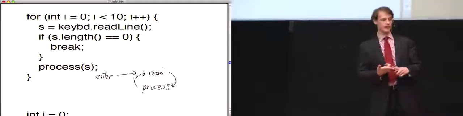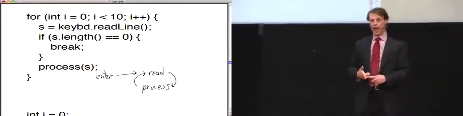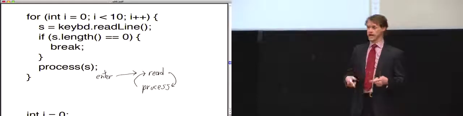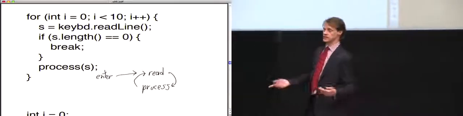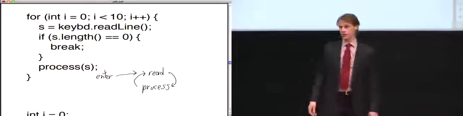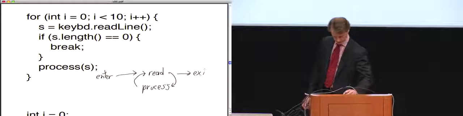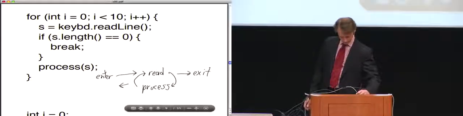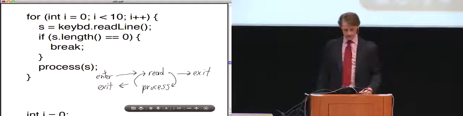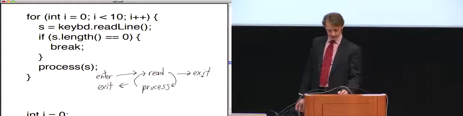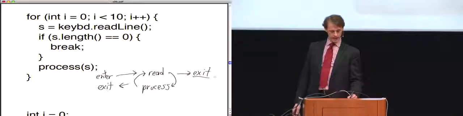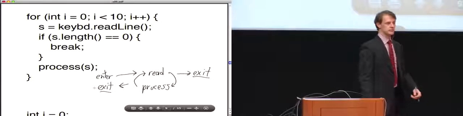I want to exit if I read an empty string from the keyboard, and I only want to loop 10 times. So after 10 iterations, I'm going to stop whether or not the user's done or not. So now I have two natural exit points. Because I'm going to exit here if I read an empty string from the keyboard. I'm going to exit here after I do the loop 10 times.